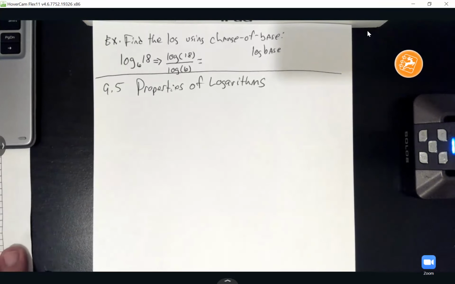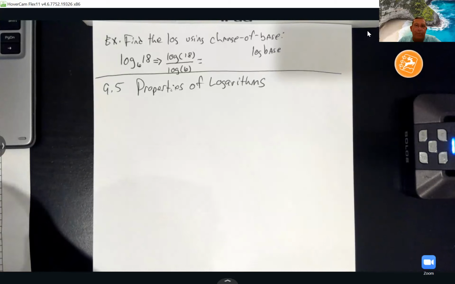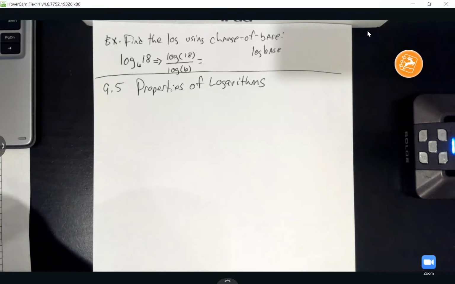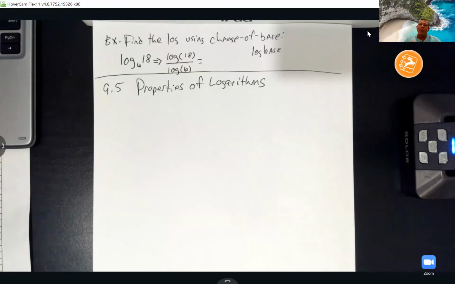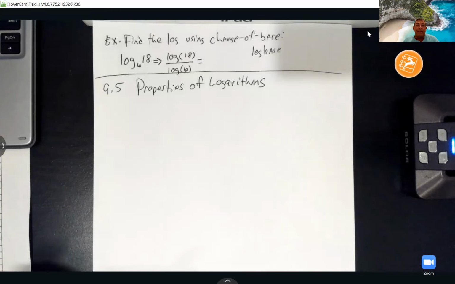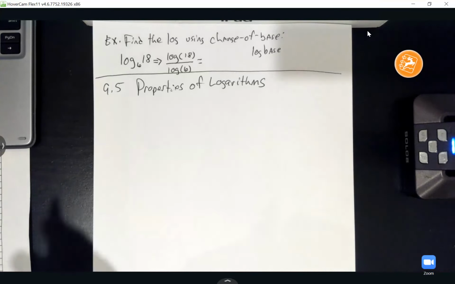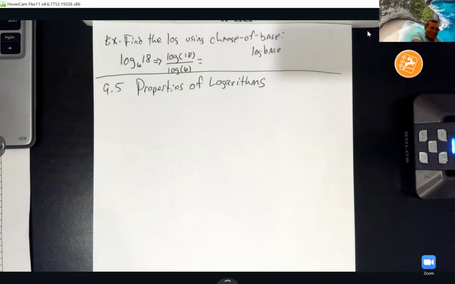The final has 25 questions, multiple choice, so you don't have to worry about punching anything in right or needing parentheses. As long as you get the right answer, you're good to go, okay?